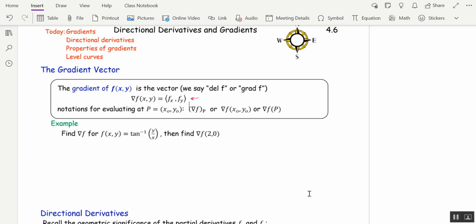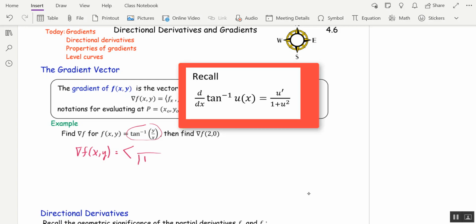Find del f, it's pronounced del f or gradient f, for tangent inverse of y over x. So del f at x, y is the vector. I want the partial derivative of this function with respect to x. And so in the denominator, I want 1 plus the argument squared. And in the numerator, for tangent inverse, I want the partial derivative with respect to x.